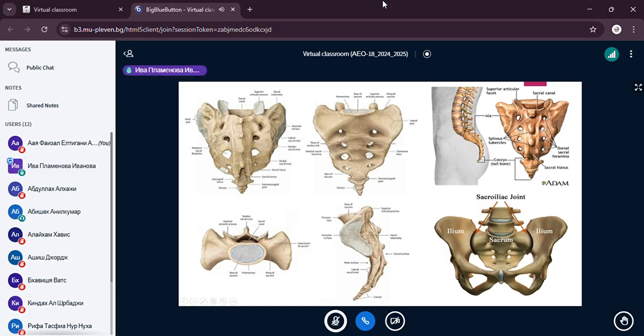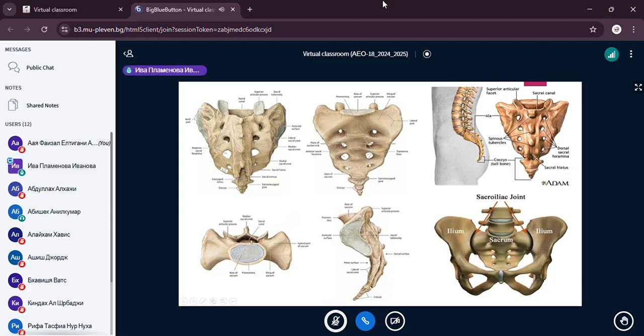Here are the transverse lines between S1 to S5, the apex of the sacrum, and the anterior sacral foramen. That's the superior view. You can see here, again, the base, the two wings, superior articular processes for L5, and crista sacralis mediana.